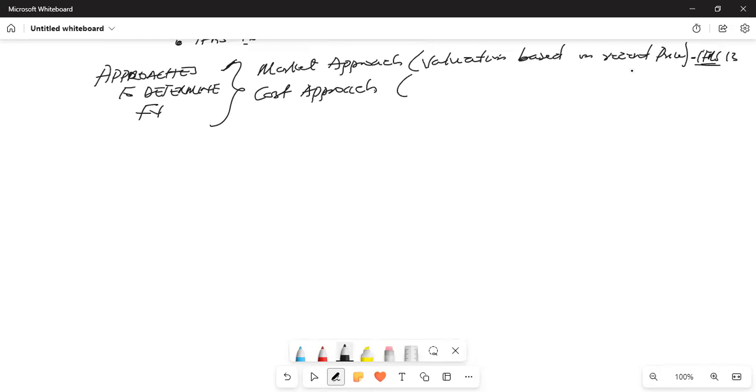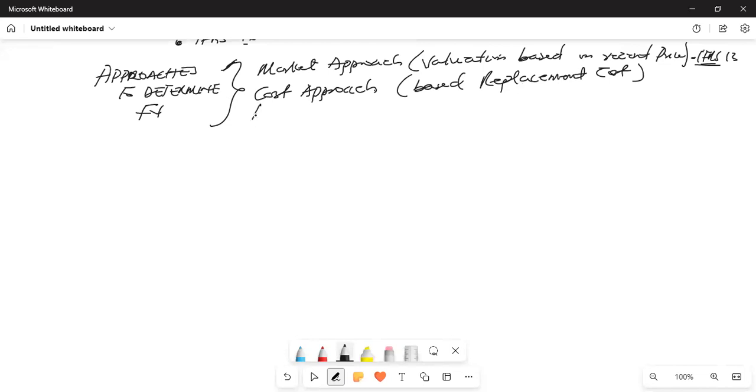The cost approach is linked to the other one, which I call the current cost, if you remember. That one is based on replacement. So here the cost approach is based on replacement value. See, these are not things you have to memorize. You can actually connect it to what we learned in the conceptual framework.